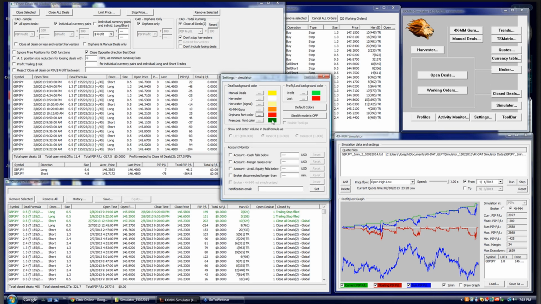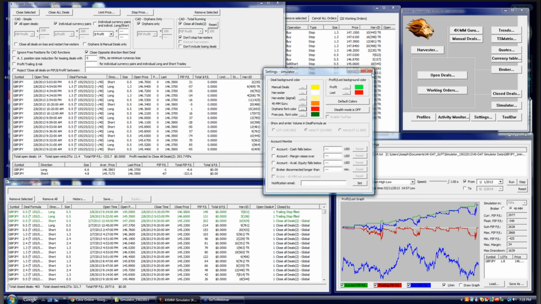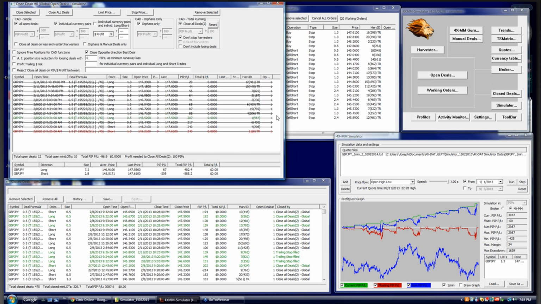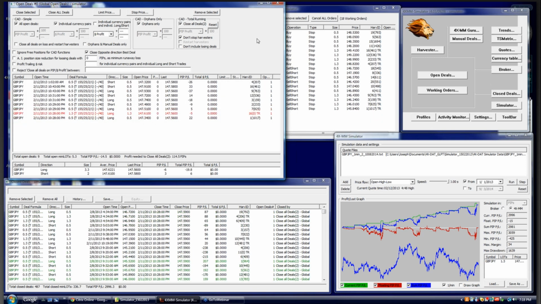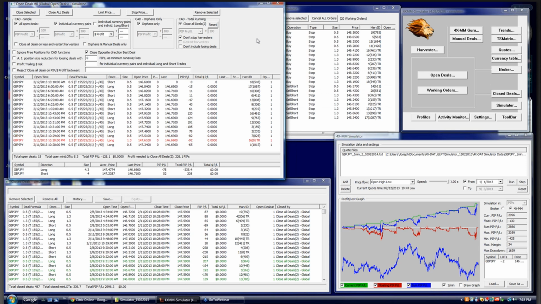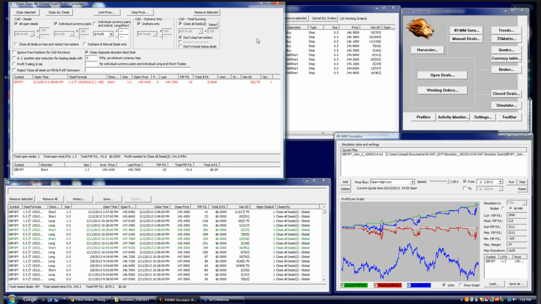So there it is. Now when there's an orphan, you'll see it as red. Did you see it right there? There it is. It's a trade whose parent harvester is no longer running. That particular run is not running. So that's what that is.